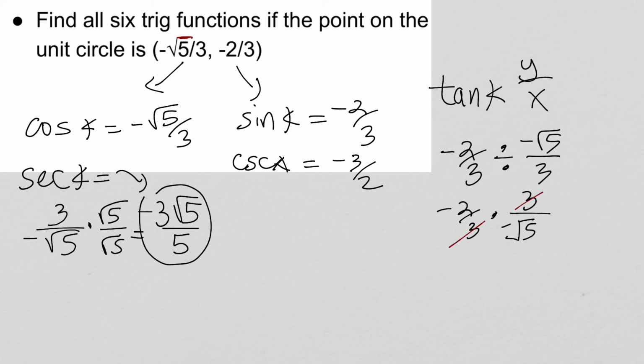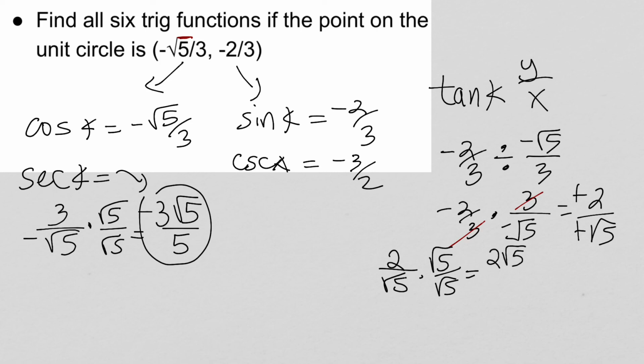I'm going to multiply this, and I get negative 2 over negative square root of 5. Well, can't have root 5 in the bottom, and we know that 2 negatives become a positive. So let's go ahead and rationalize and multiply this by root 5 over root 5. So I get 2 root 5 on the top, and what's root 5 times itself? It is 5. So the tangent is 2 square root 5 over 5.